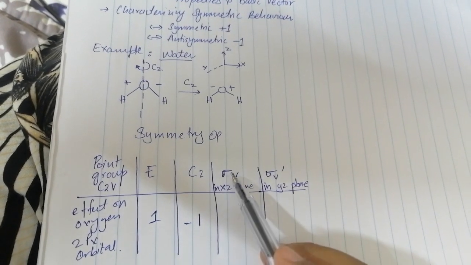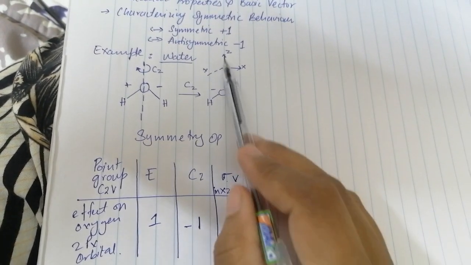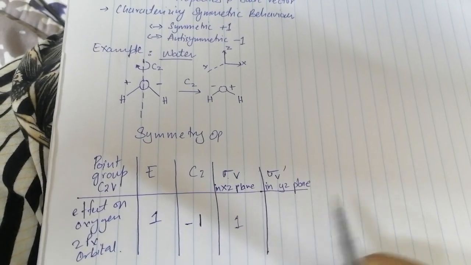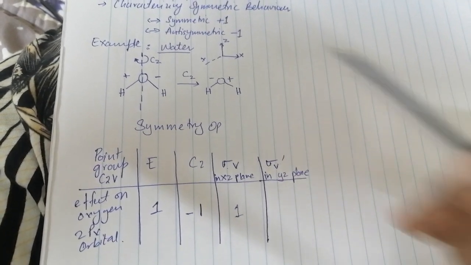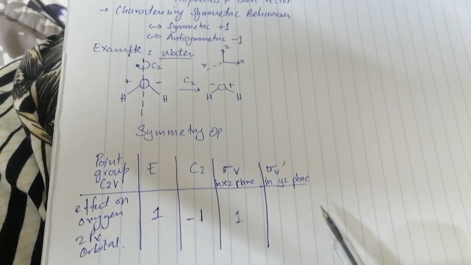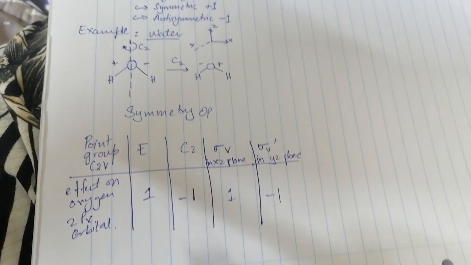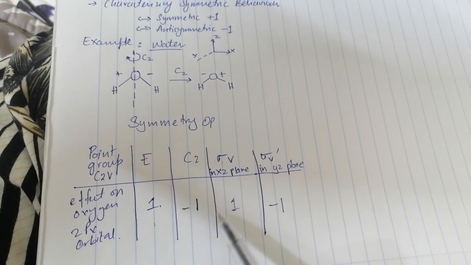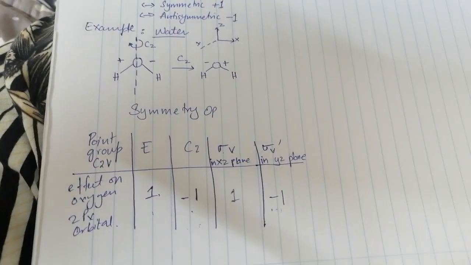So for the operation in the x and z plane, it remains positive, and for sigma V prime, which takes place in the y and z plane, it is antisymmetric, so we give it a character of -1. In this table, 1 means the molecule is unchanged, and -1 shows there is a change or reversal.